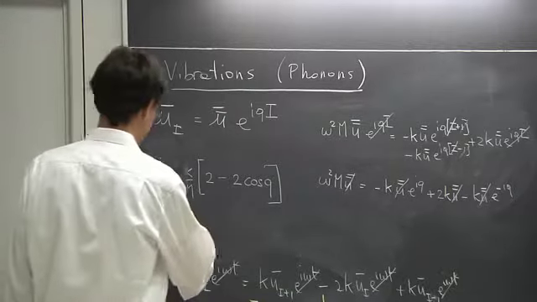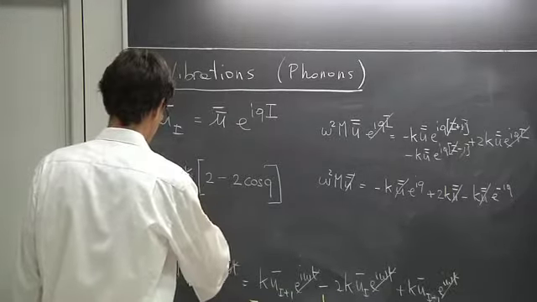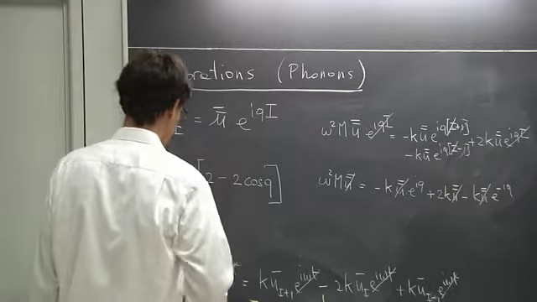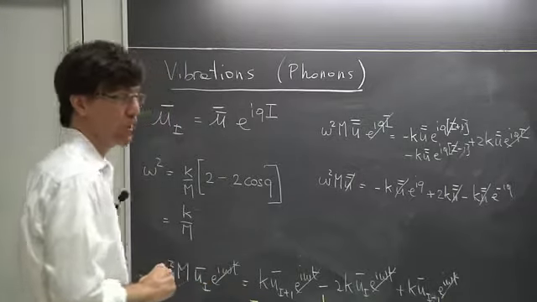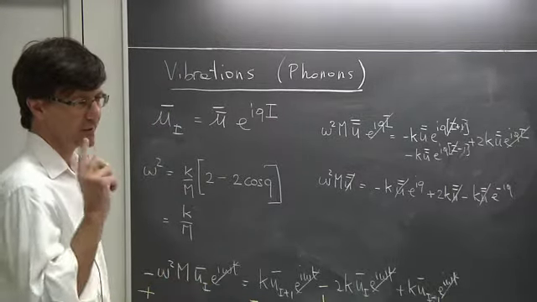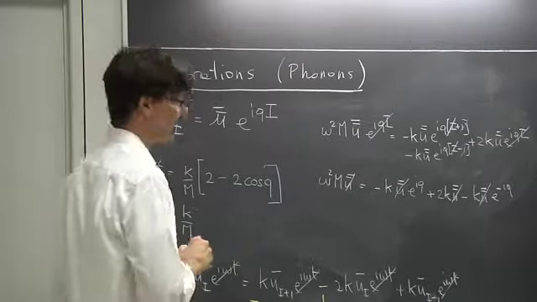Or, if you're good at it, 1 minus cosine of q is twice the sine square of q over 2.